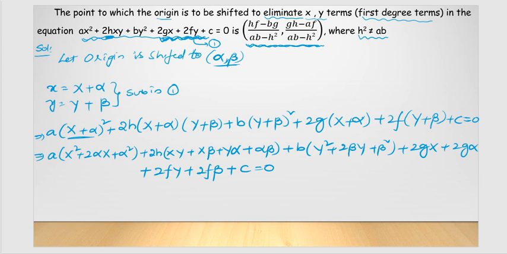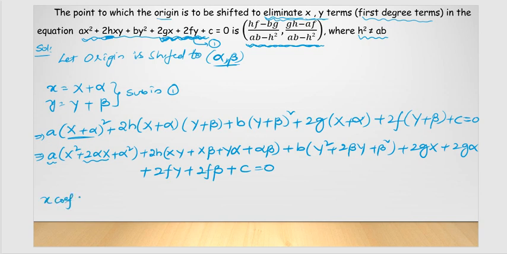Now since I need to eliminate the x term and the y term, only consider those terms. Here I am getting an x term, and this x term is getting multiplied with a. So what is the x coefficient here?